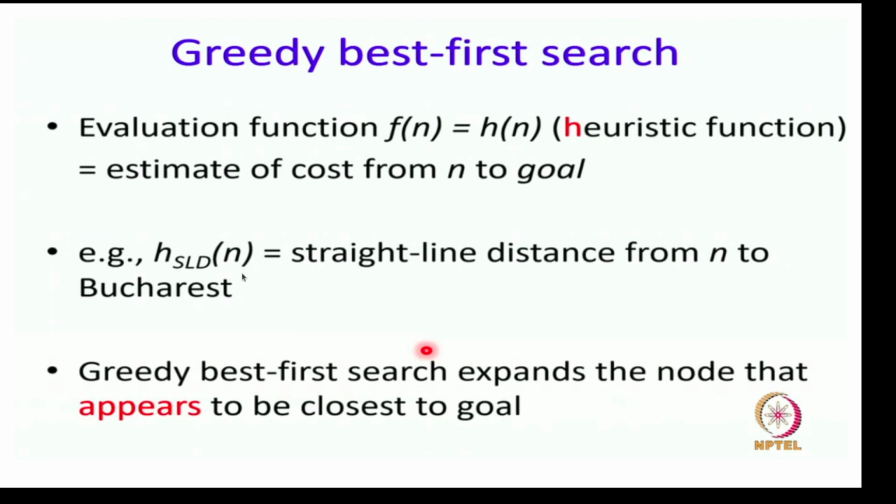Greedy best first search expands the node that appears to be closest to the goal. Exactly. Please try to understand this term thoroughly. It says that you are at the nth node, and you have the option to go to M and P. Where will I go? You expand to a node which is very near to the goal G, let's say, if G is the goal node.